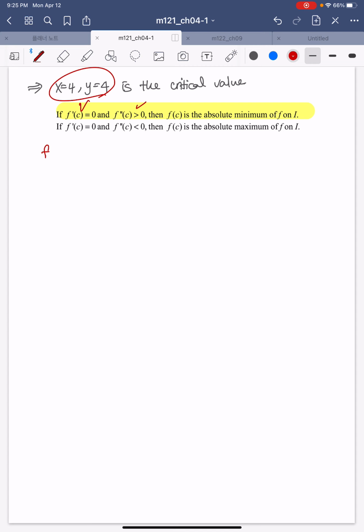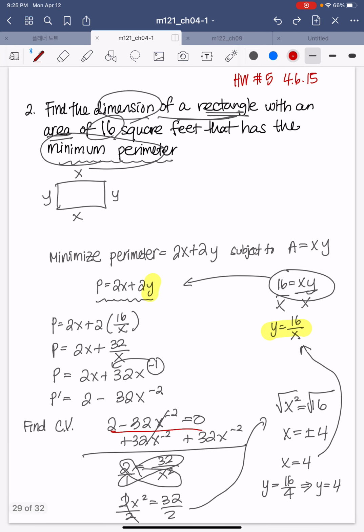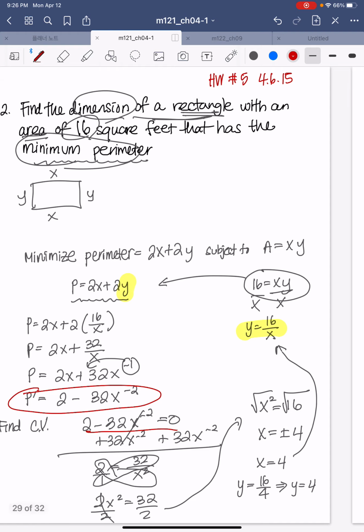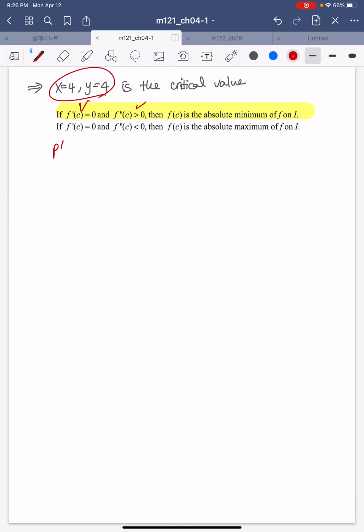The first derivative from the previous page was this over here. So P prime was equal to 2 minus 32x to the negative 2. Let's take the derivative for the second time. So that will be, the 2 is just 0.